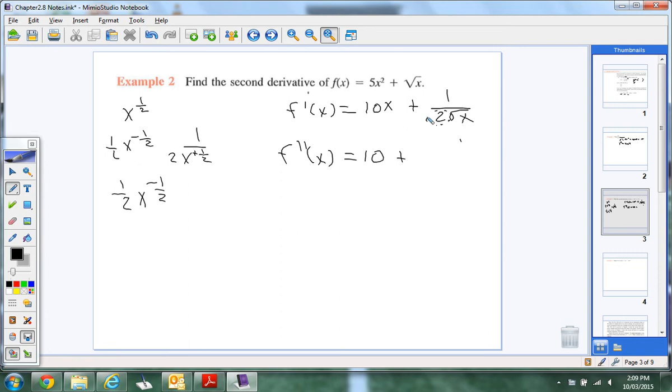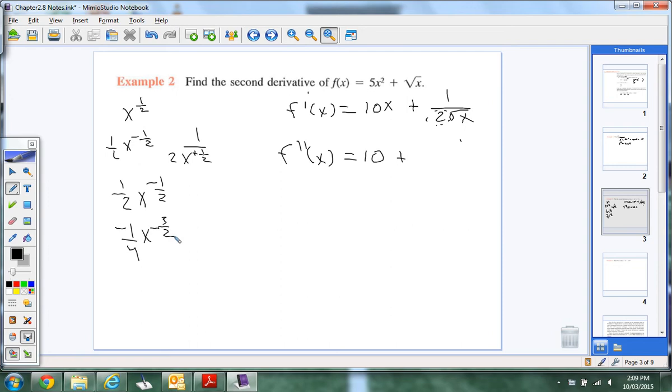This is what it should be anyways, because this is our first derivative, and we're going to do it again. So if you drop a negative 1 half, what's 1 half times a negative 1 half? Or, excuse me, negative 1/4. Now I subtract 1 from that, so what's that now? Yeah, negative 3 halves. So that's the second derivative.